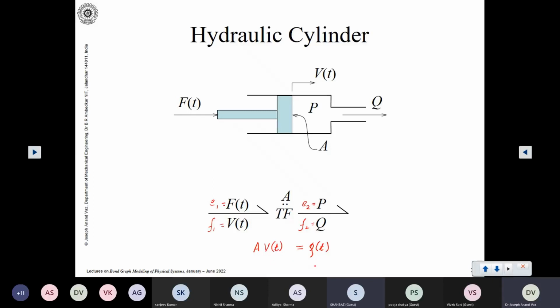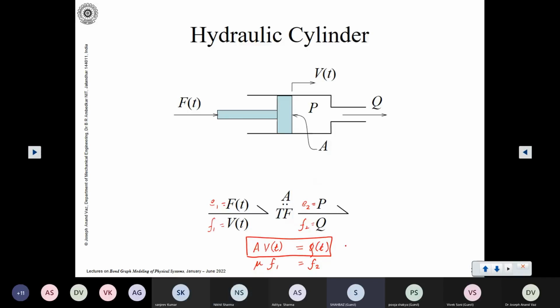So what you got is flow 2 is equal to mu times flow 1. This relationship, I'm sure you already know, so I think there is no point in discussing it. If you're not clear about it, I can explain it to you. Do you have any doubt on this?